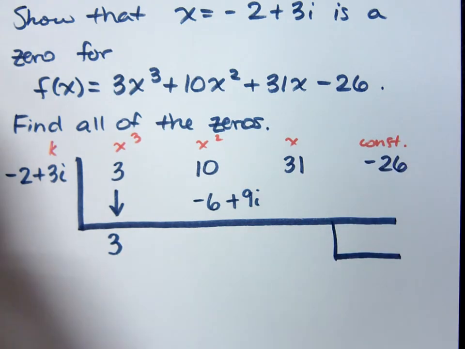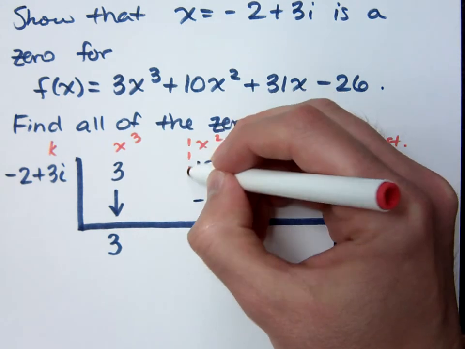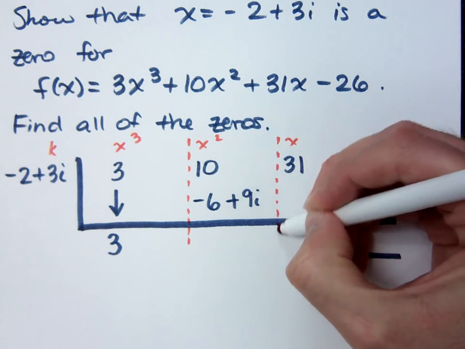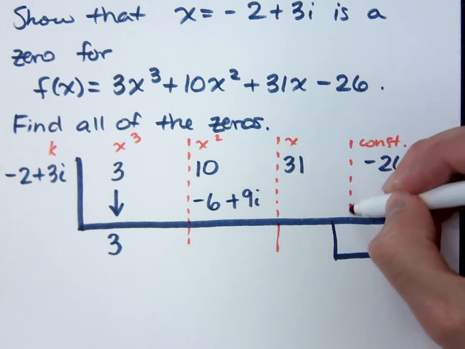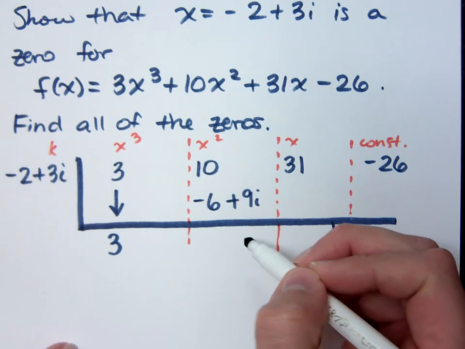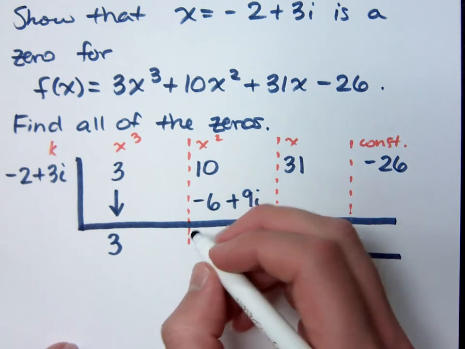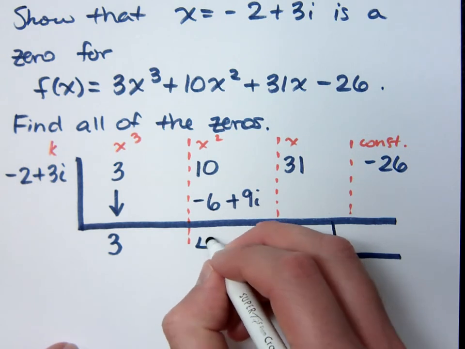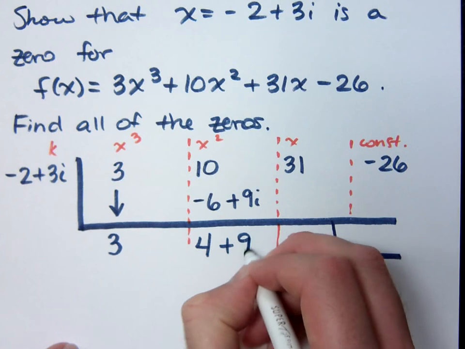Now just so we don't have people hooking up with other people, I'm going to draw a little dashed line here so I can separate these pieces from each other so they don't get together. So what's 10 minus 6 plus 9i? 4 plus 9i. Do y'all agree?